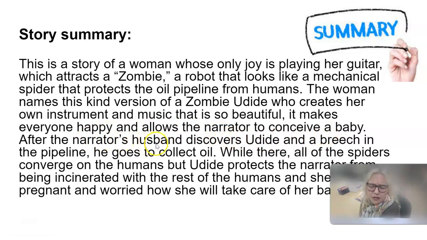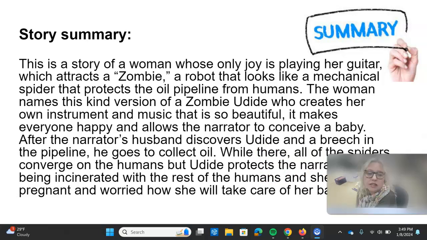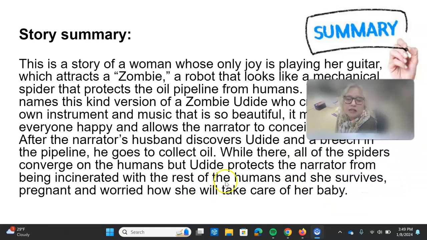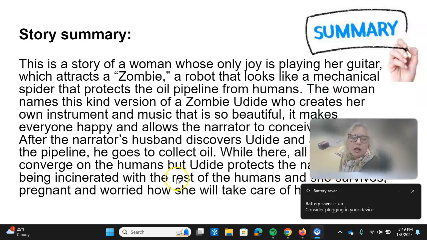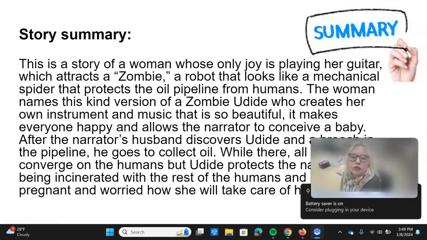After the narrator's husband discovers Udide and a breach in the pipeline, he goes to collect oil. While there, all of the spiders converge on the humans, but Udide protects the narrator from being incinerated with the rest of the humans, and she survives pregnant and worried how she will take care of her baby. All right, so a summary is quick and it talks about all of the main points of your story.